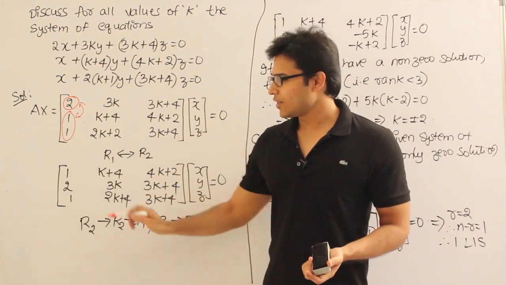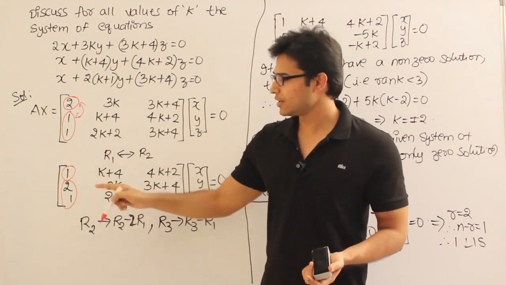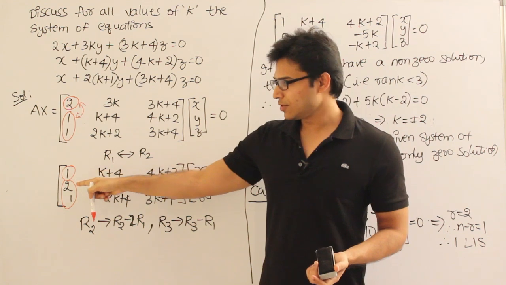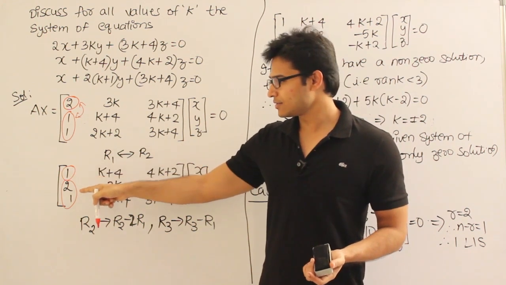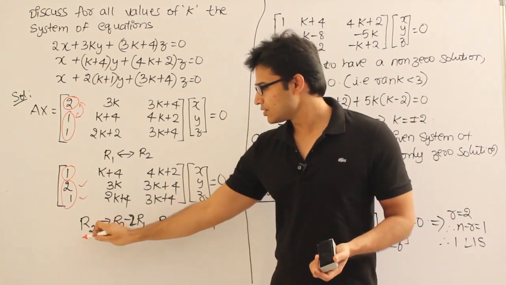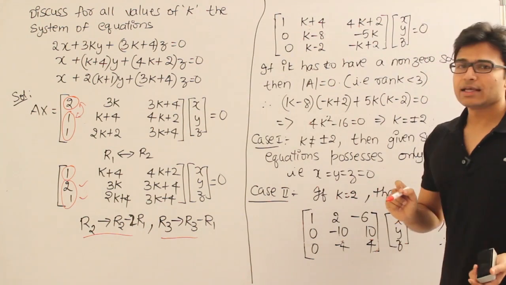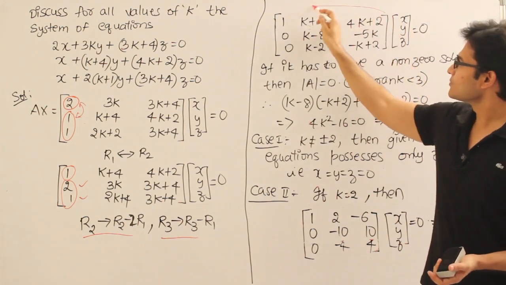Now using this first element, I can make the other elements zeros. I can multiply this one with 2 and subtract from here, and I can subtract this one from here. Then I get these two values as zeros. These are the two operations I performed here. Now we got this coefficient matrix.